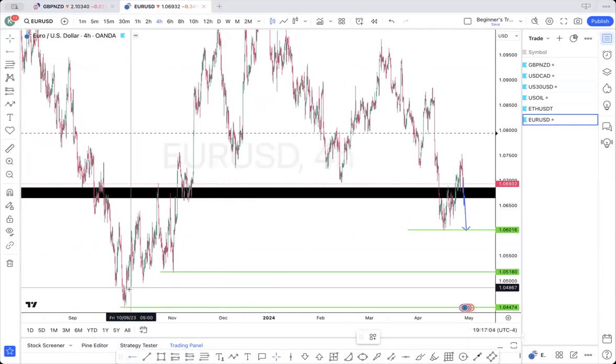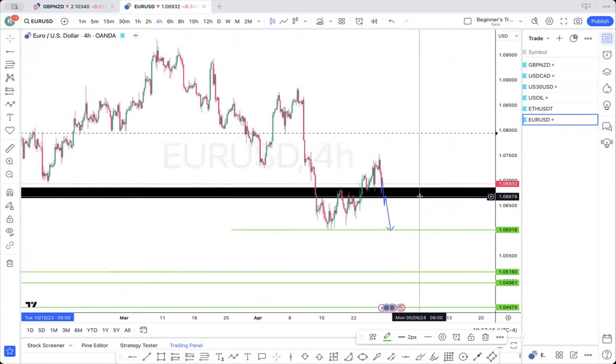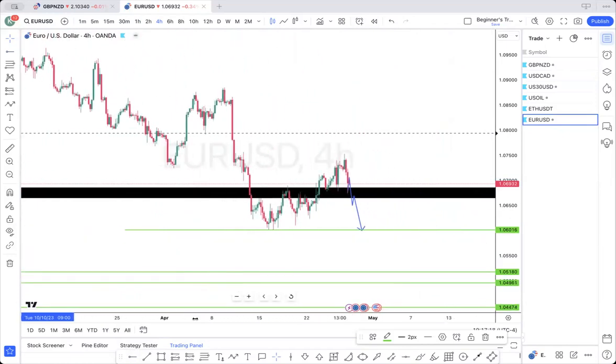Might even be these lows right here. It doesn't matter, but you just want to target the lows until price gets to that low and then start showing structure. Always look for market structure. Always, always, always.